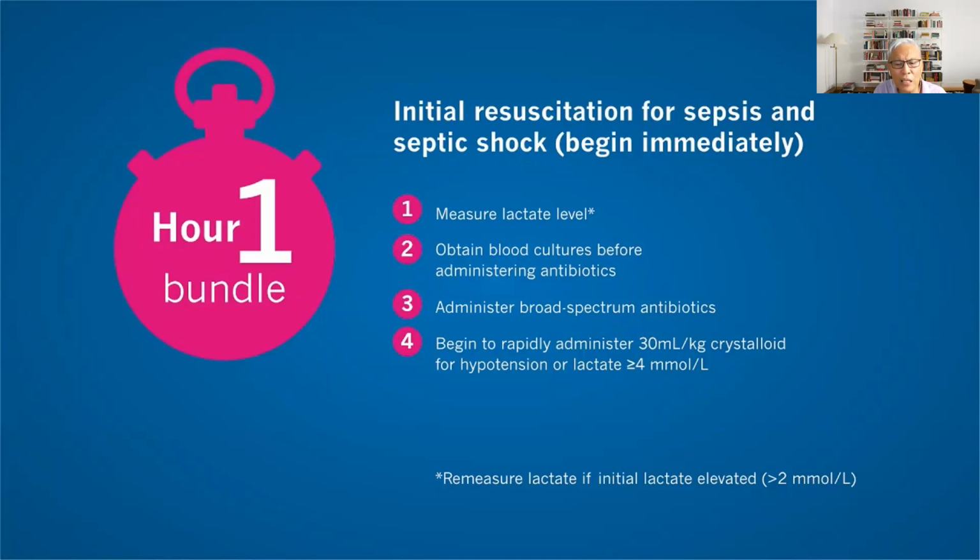But in critically ill patients, however, these patients suffering from shock or hypoperfusion, lactate is often elevated to about 2 millimoles per liter. And so whenever we have a lactate above 4, it indicates the need for immediate resuscitation, and you must call for the rapid response team.